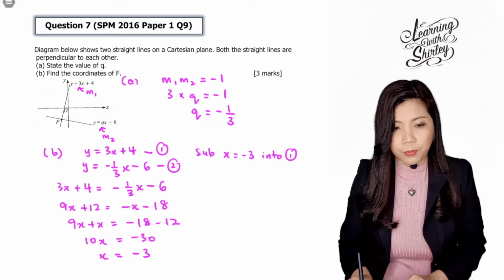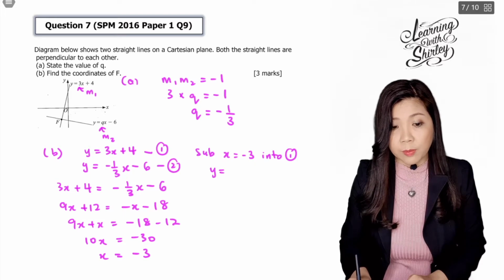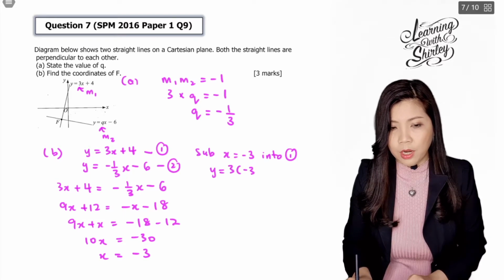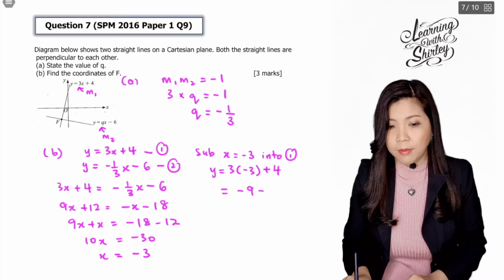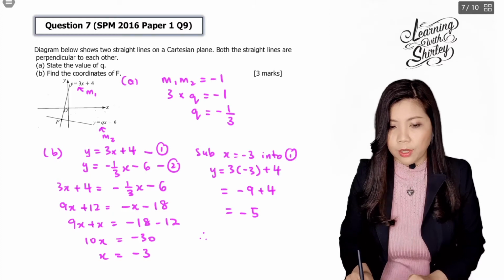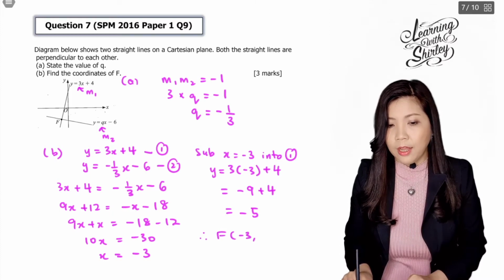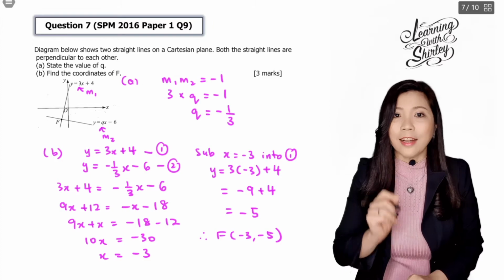Equation 1 is y equals 3x plus 4, which is 3 times -3, plus 4. So that equals negative 9 plus 4, which equals negative 5. Therefore coordinate F is (-3, -5), and that's the answer.